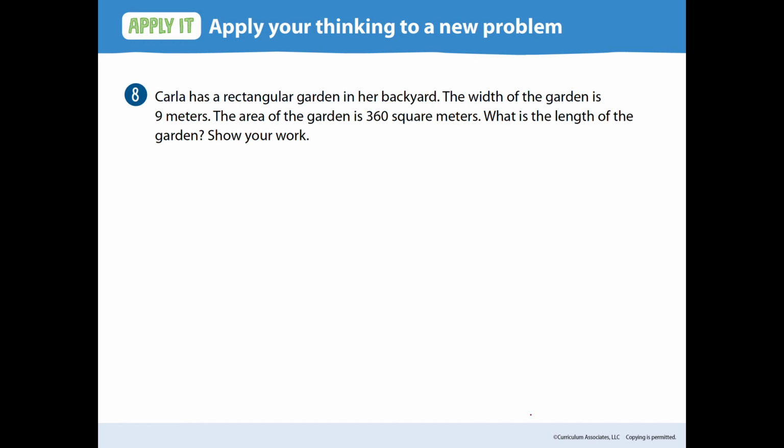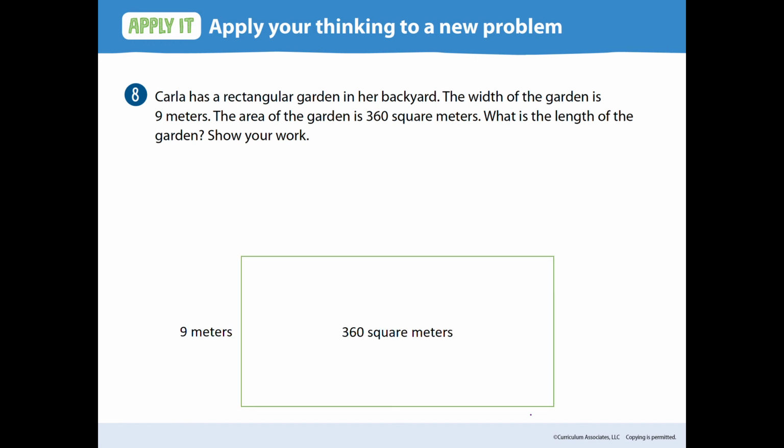Okay, I hope you have that problem done, because if you don't have it done, pause again and make sure it's finished. I'm going to start with a diagram here. So here is Carla's garden. It's 360 square meters, which is the total area. All this inside is, there would be 360 squares all put together that would fill up this garden.